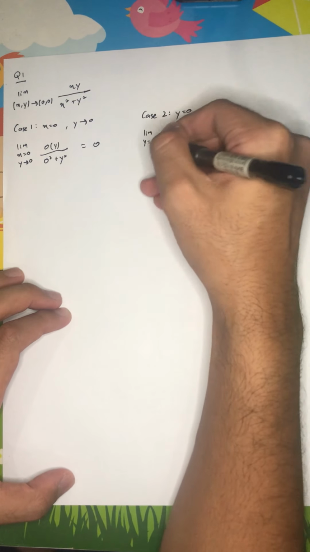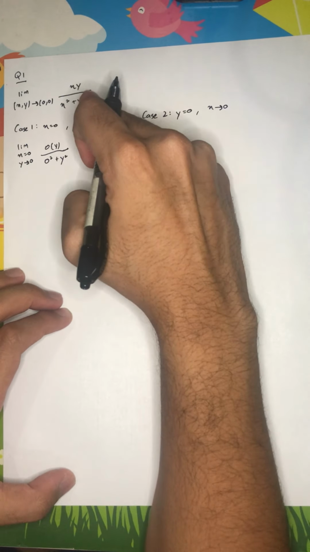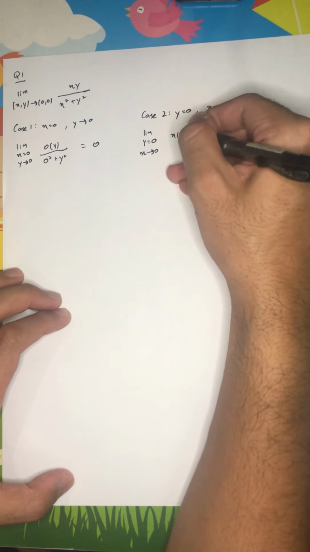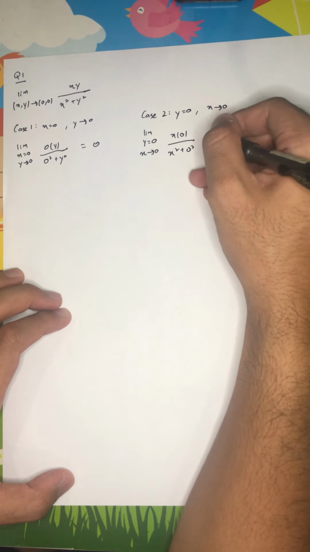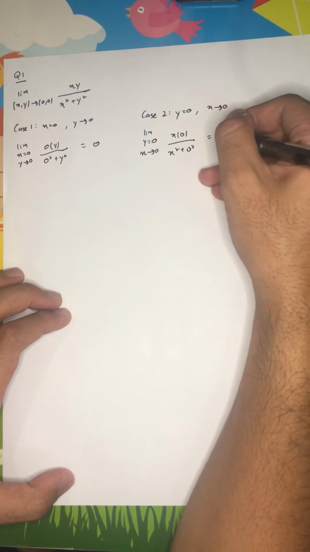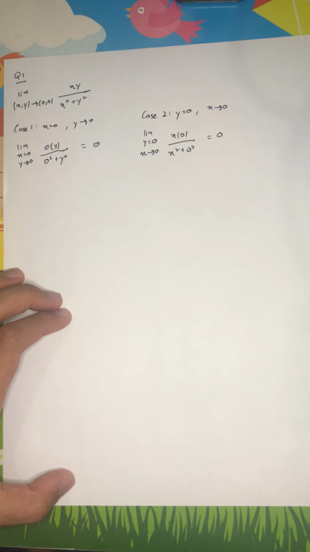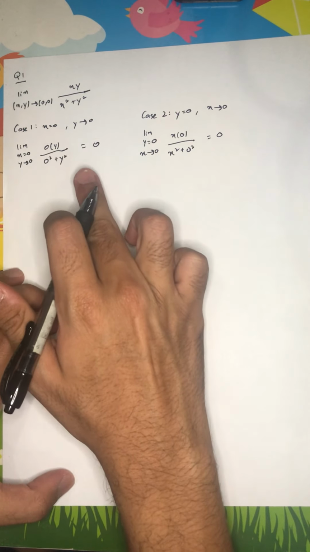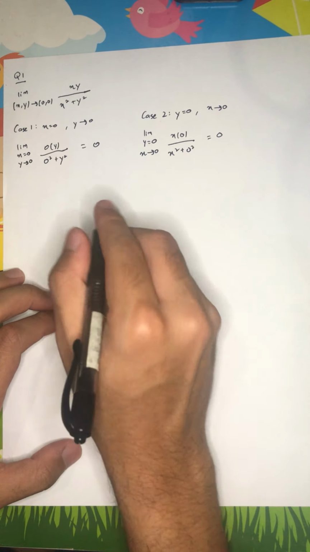Y equal to 0, x approaching 0, replace all y with 0, x times 0 over x squared plus 0 squared, and the limit is 0 as well, right? Now two cases are satisfied, they are equal. We look into case 3.